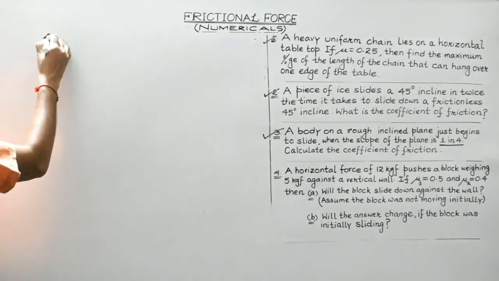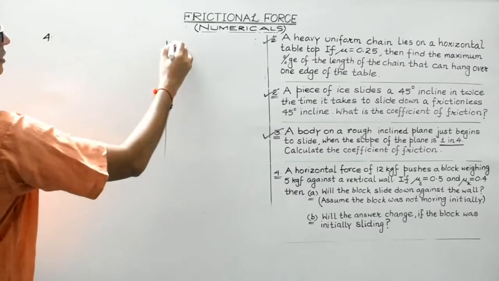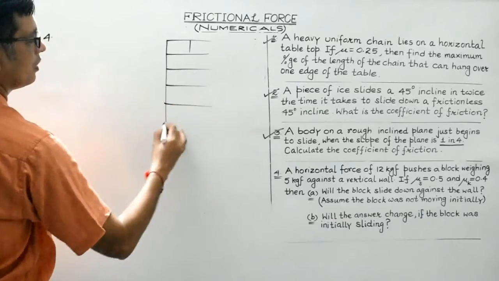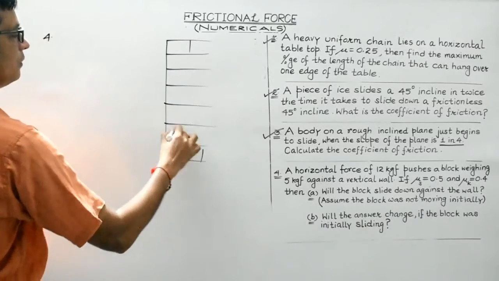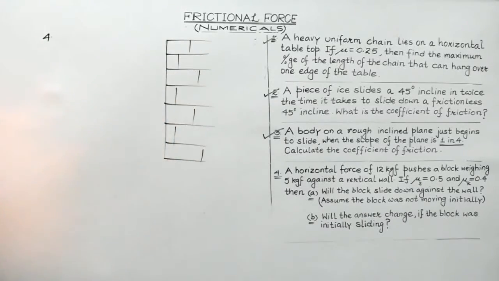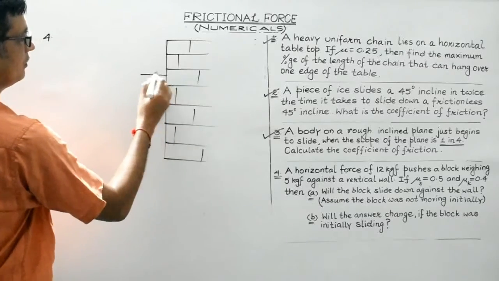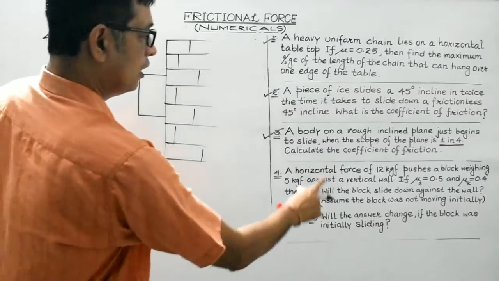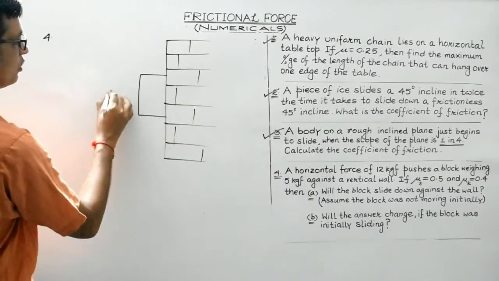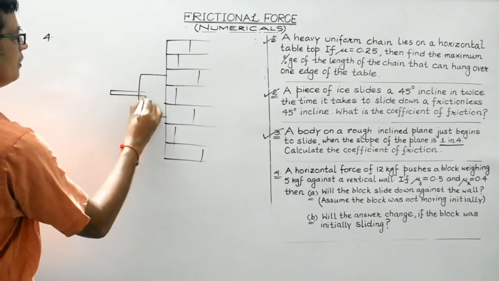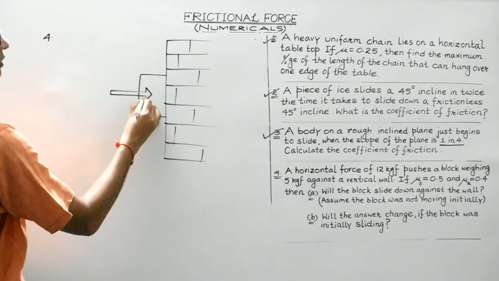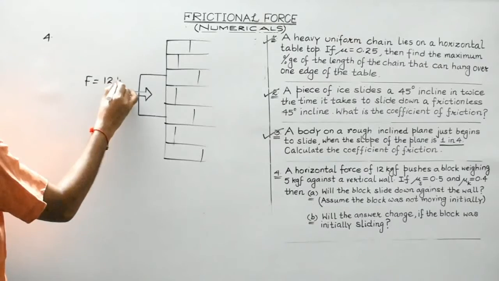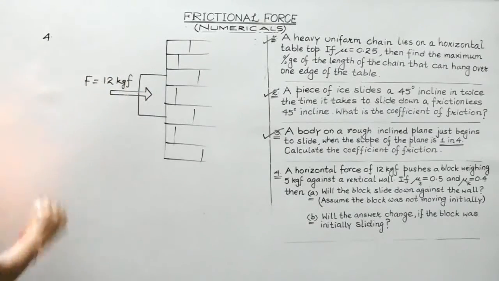So the situation is like this. This is a wall, right? And this is a block over here. This is the horizontal force which is applied, which is 12 kgf.